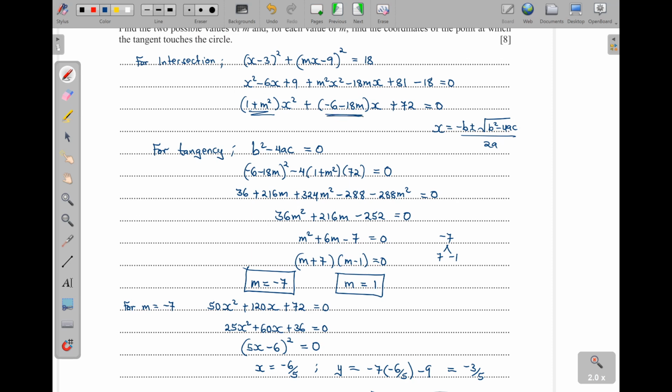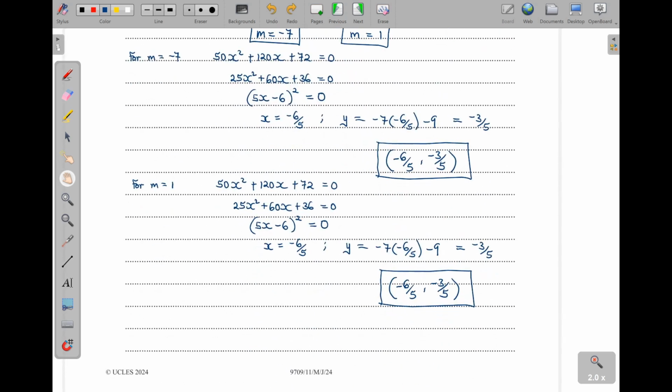Then here we shall have negative 24 and then 72. So I'll write here a 2, then negative 24 here, and then 72. Okay. And then we can also divide this one all through. So we shall get a value of x here. Then what will be the value of y here when we substitute?